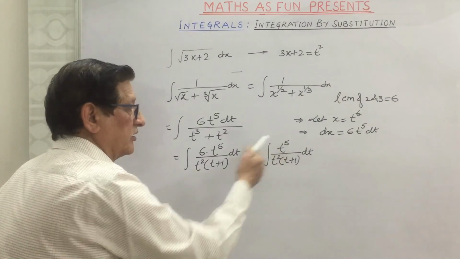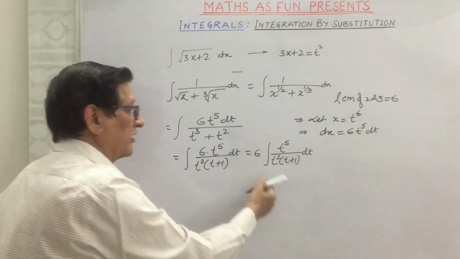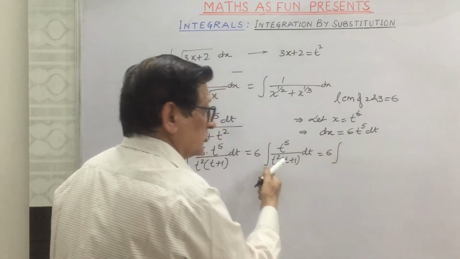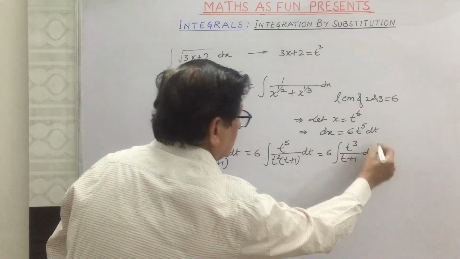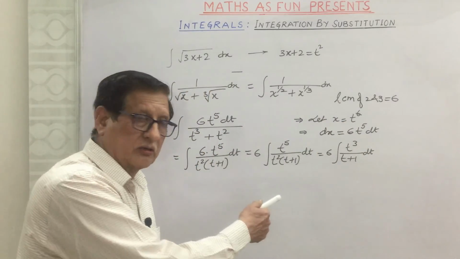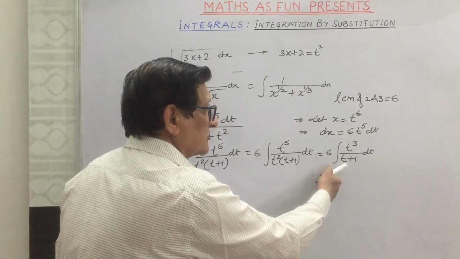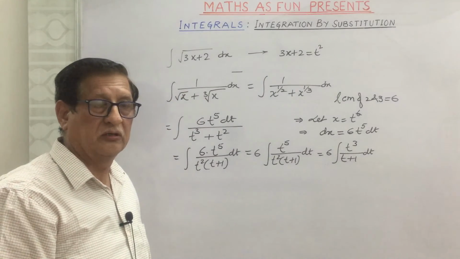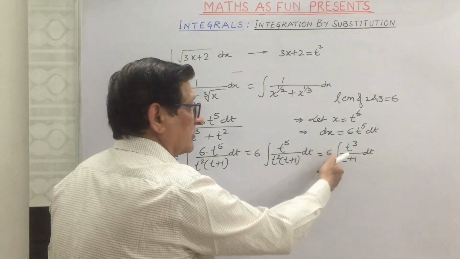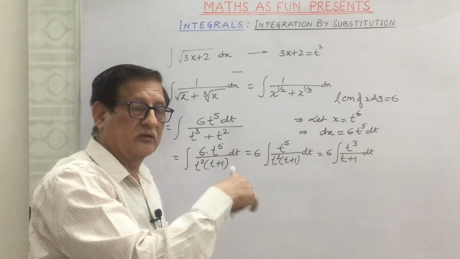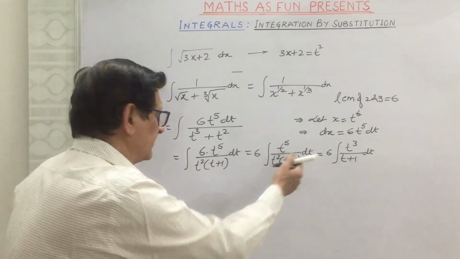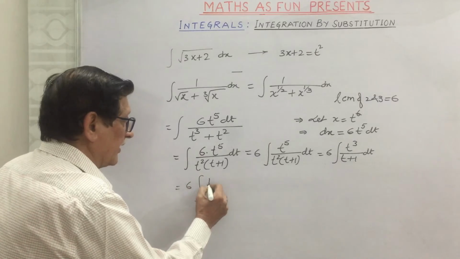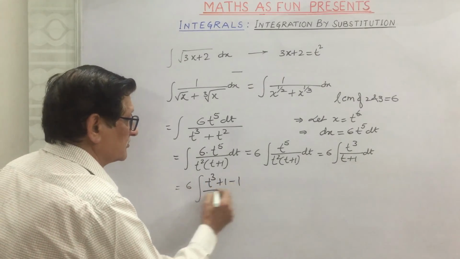This t square and t to the power 5, if we simplify, the power will be reduced and this will come as t cube upon t plus 1. We see here that the degree of numerator is greater than the degree of denominator. So either we divide the numerator by the denominator, or by other way we can convert this into the mixed form. Here we find it easy to add and subtract 1 to this.